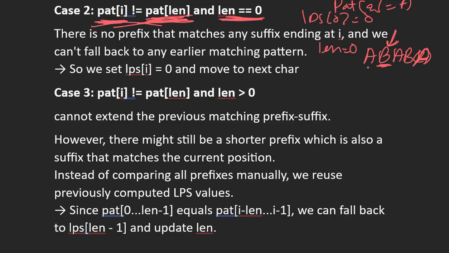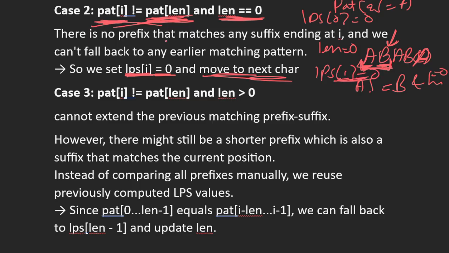So this is our I, this is our length. A is not equal to B, and our length is equal to 0. So in this AB string there is not a single prefix which is equal to a suffix. So we directly set LPS of I equal to 0. So LPS of 1 in this example is 0, and then we move to the next character.